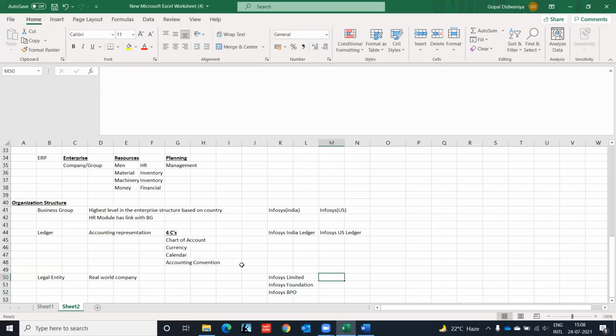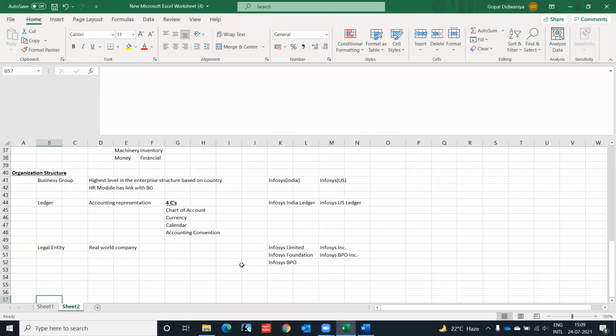In the case of the US, it can be Infosys Inc and Infosys Business Process Outsourcing Inc. It will be like this. So real world companies have to be legal entities. Then we have the establishments.